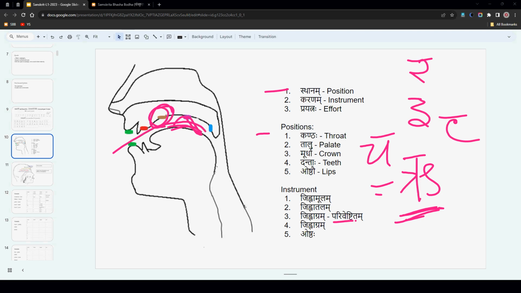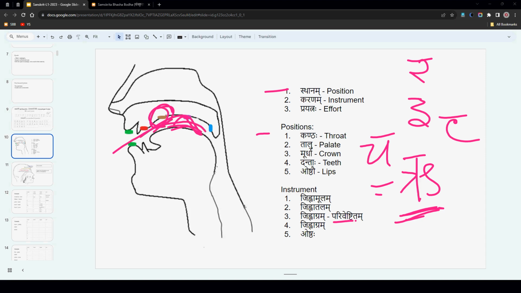But when we want to say ru, we should not touch that part, but the air should be pushed out from that place without touching the tip of the tongue there, rolled. Ru. Now you can understand, I hope so. Ru, just make it longer. Ruu.